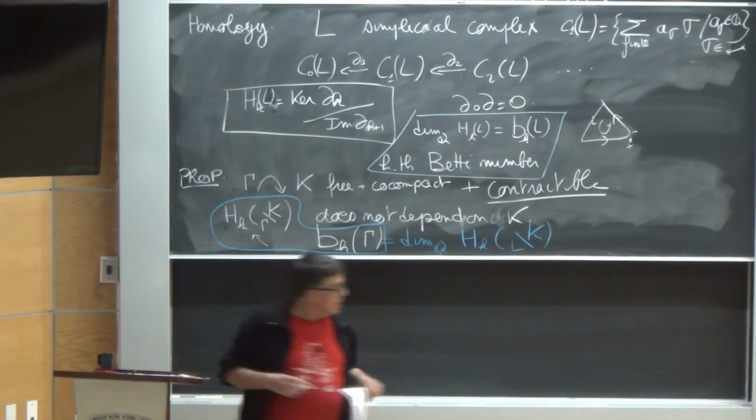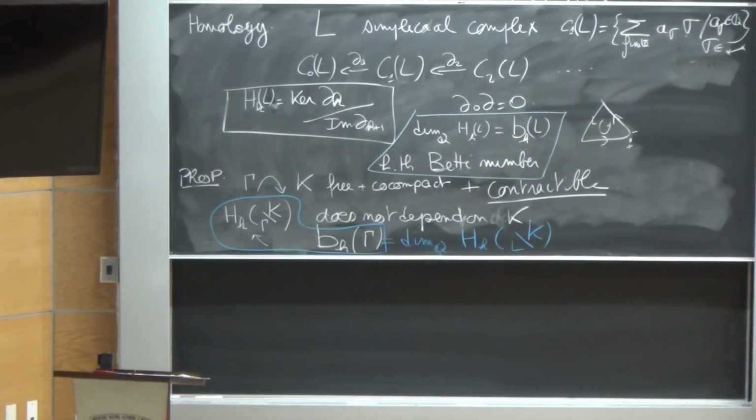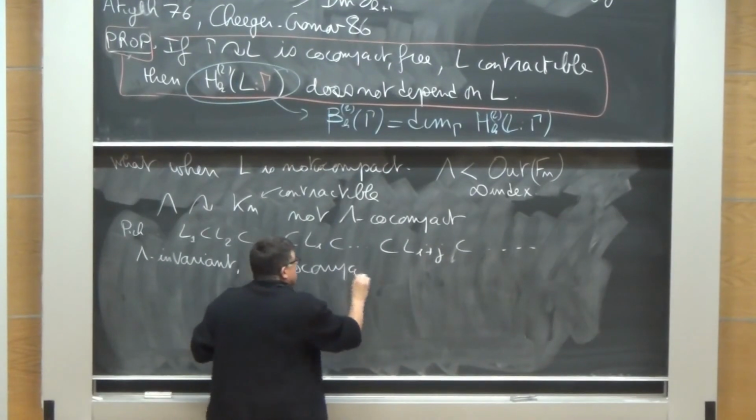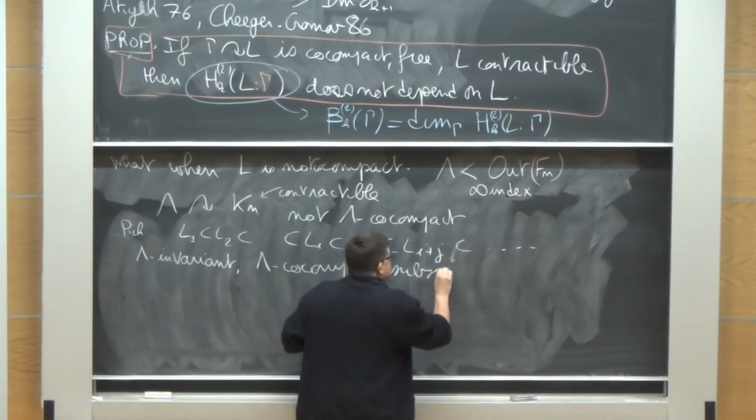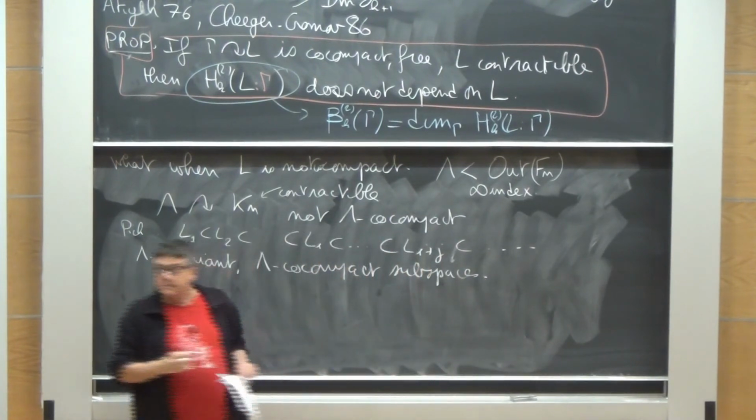Okay? So let's say L_1, L_2, L_i, L_{i+j}, an increasing union of Lambda invariant, Lambda co-compact subspaces, right?